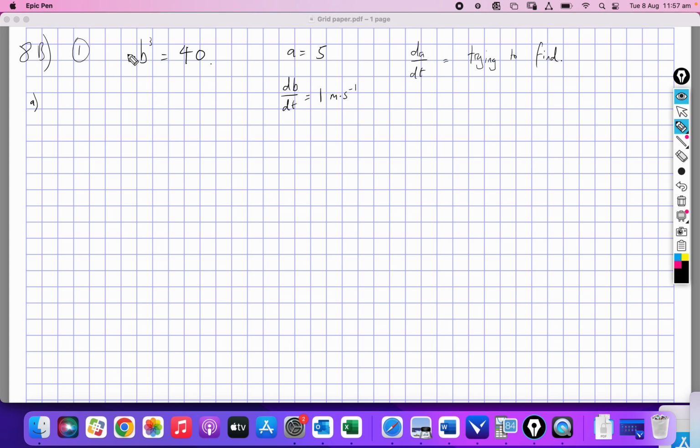All right, so back to part A, when we differentiate this with respect to time, it's like I've got an xy equation. I've got some function a or x based on time and some function y based on time, and they're multiplied together. So this is a product, and you'll need the product rule to differentiate it.